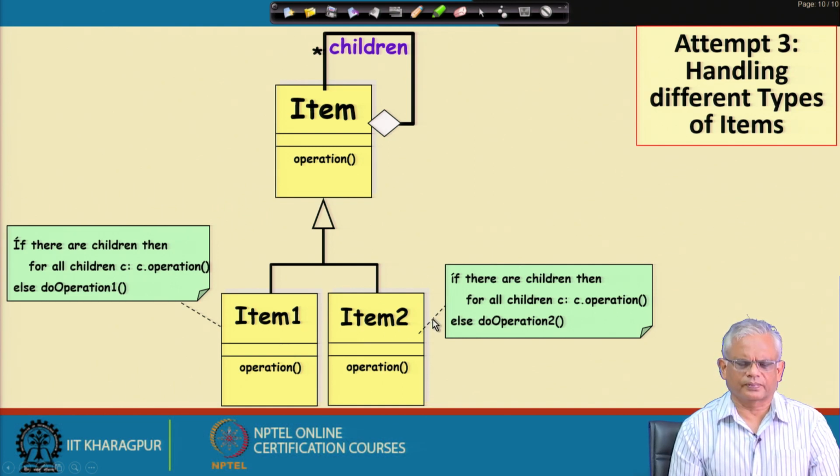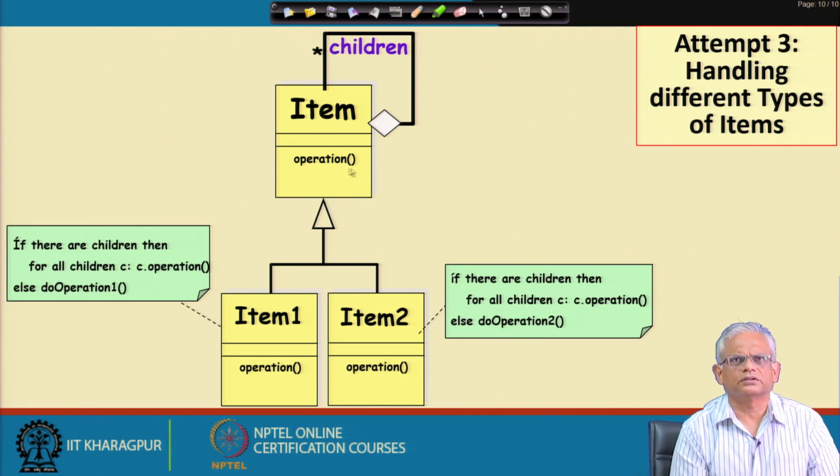But then one is that item is a concrete class, and these are all concrete classes, and then we will have difficulty with respect to the Liskov substitution principle, and also to group items into primitive elements and composite elements does not look very correct.